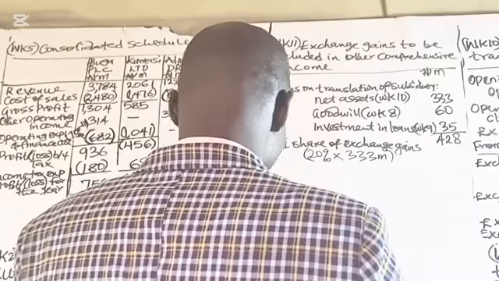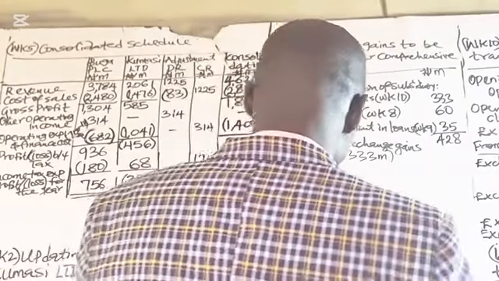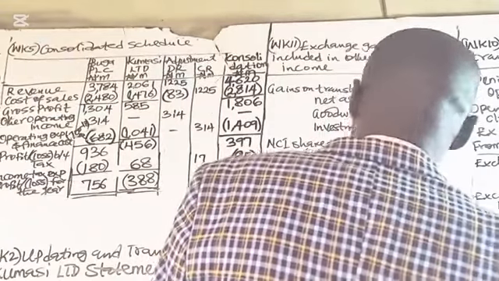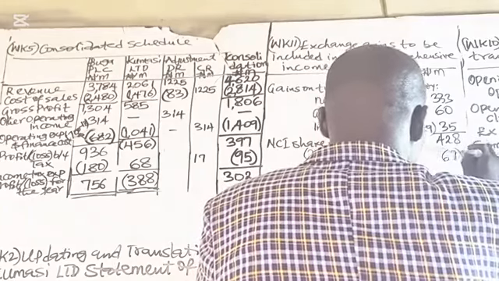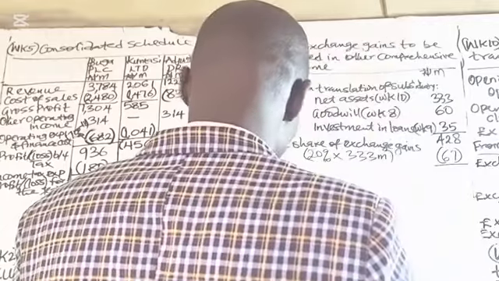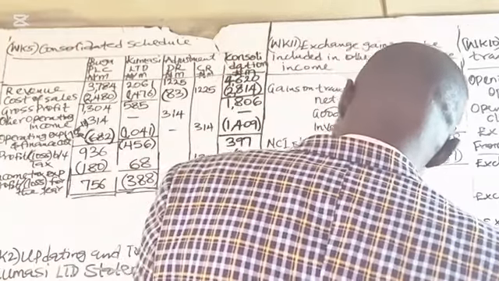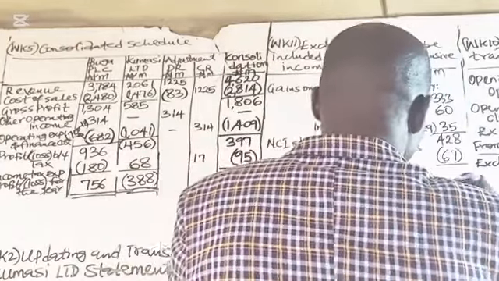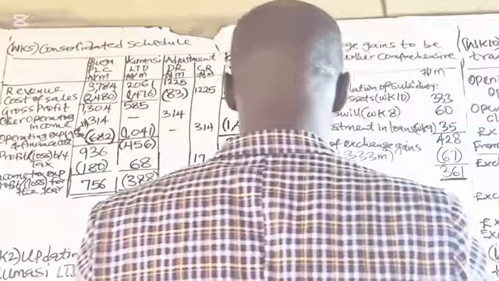So 20% of 333 gives us approximately 67. We have 66.6, which is approximately equal to 67 million. If you subtract that from 428 million, we have 361 million.